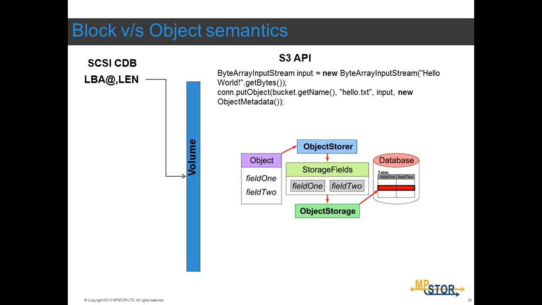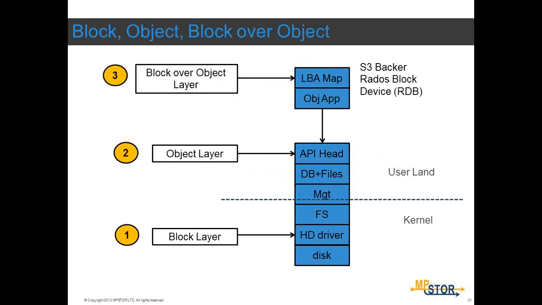So if we look at the next slide, we can see that at layer 1, the block layer, your standard hard disk driver is sitting very, very close to a disk. The coupling is very, very high, and taking any low-level SCSI command and translating that into a disk access and returning the data is a very efficient operation.